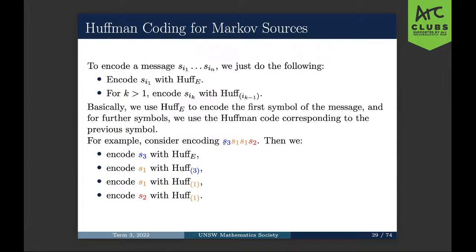For example, you use Huff E to encode the first symbol, S3. Since S3 comes before S1 later, we encode S1 by Huff 3. For this S1, we encode it with Huff 1 because S1 came before it. And for the S2, we encode it with Huff 1 again because S1 occurred before the S2.